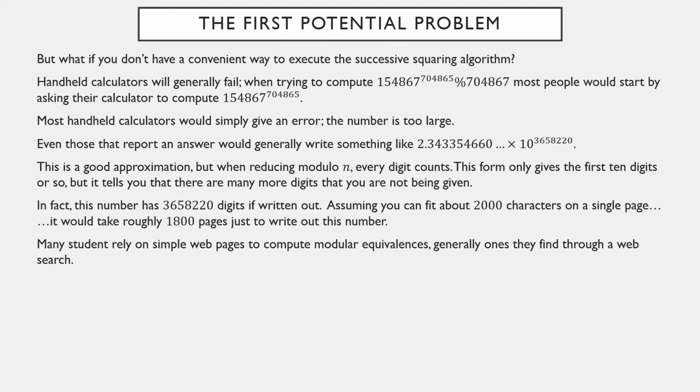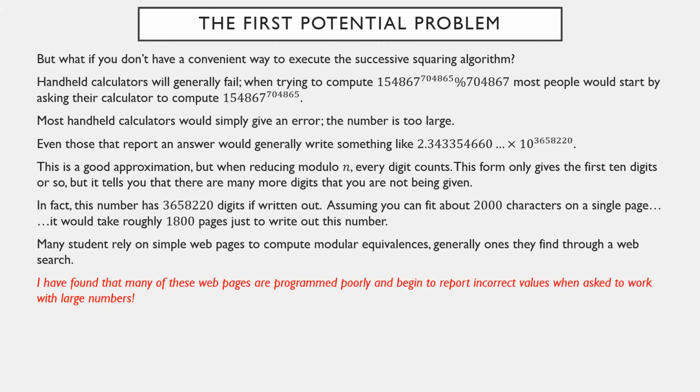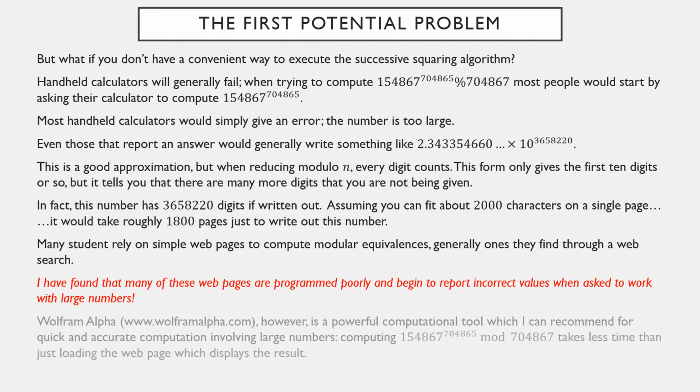But I've found a lot of these personal web page type things are programmed pretty poorly, and when the numbers get too big, they are simply wrong. So if you find some random web page that says it can compute values of one thing modulo another, it's probably not coded to handle extremely large values, and it may give you wrong answers.